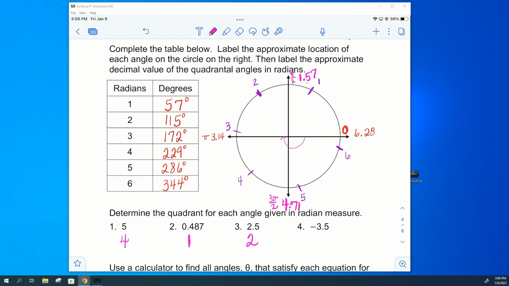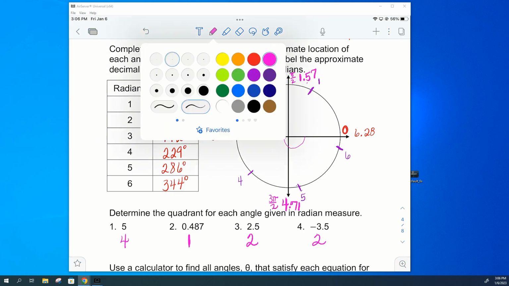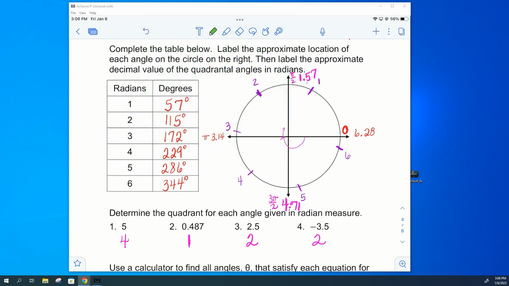That would be negative 3.14 radians. I'd have to go a smidge more. So that would also put me in quadrant 2. So knowing where those are is a big deal. Again, for the purposes of our homework, it's really smart to know these values: 1.57, 3.14, 4.71, and 6.28. And of course, 0, not going anywhere.